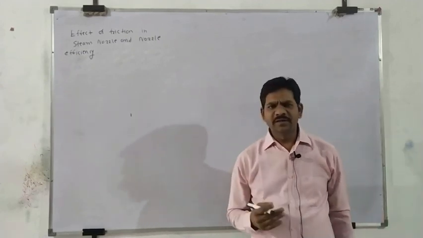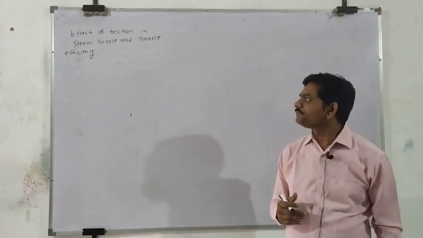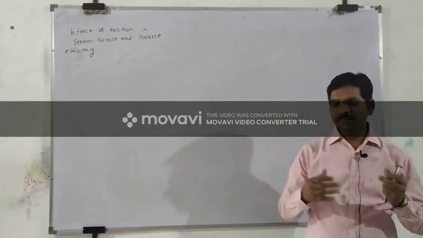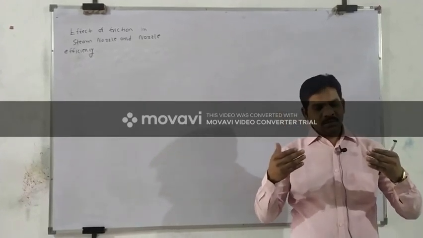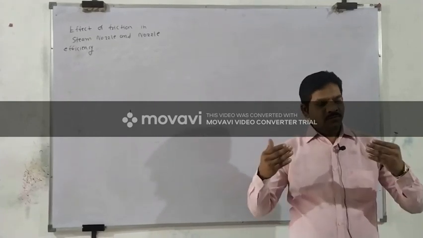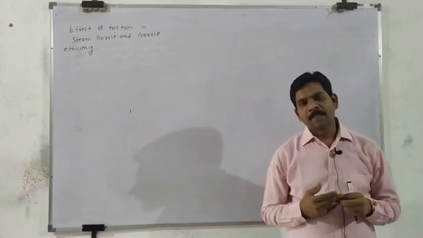Okay. So, very easy concept. This is one conceptual lecture. So, we know the meaning of friction. There are various types of friction, right? When two bodies are rubbed against each other, that is called friction.